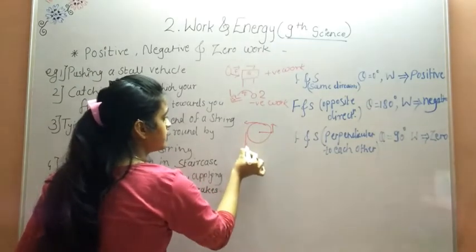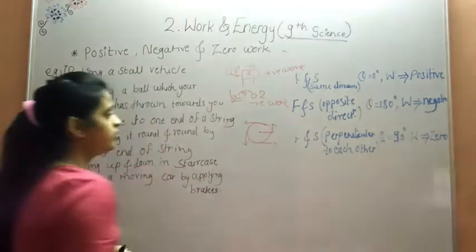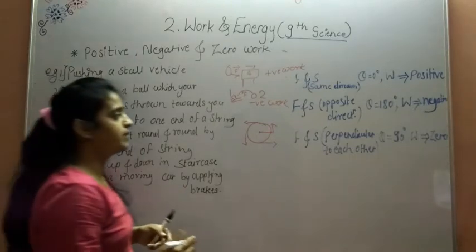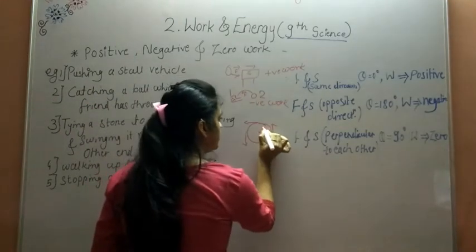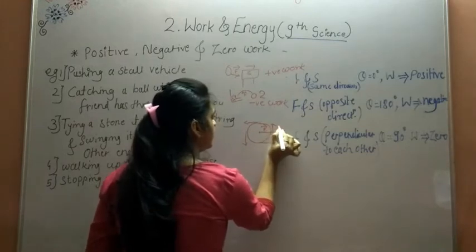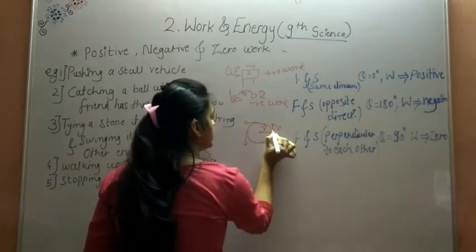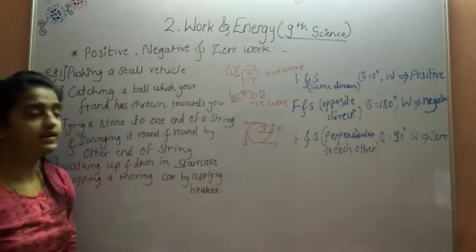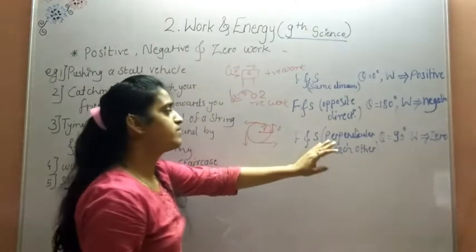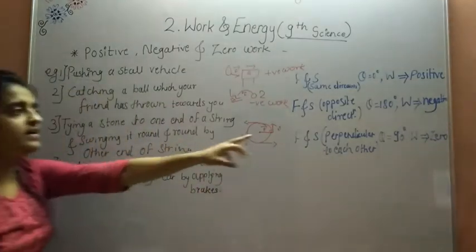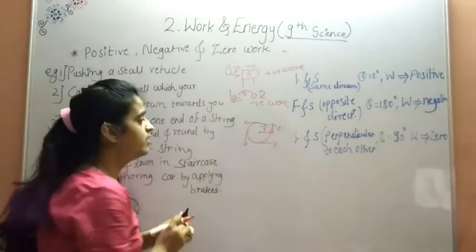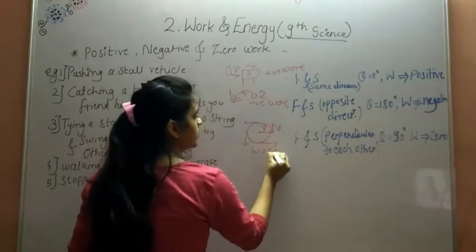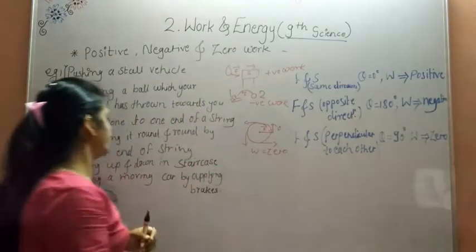Force and displacement are perpendicular to each other, with force in this direction and displacement in this direction. So this forms a 90-degree angle, theta equal to 90 degrees. So this is zero work done.